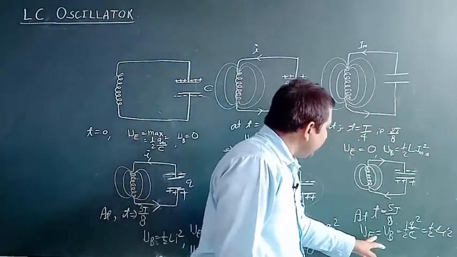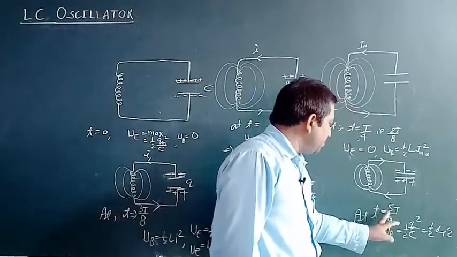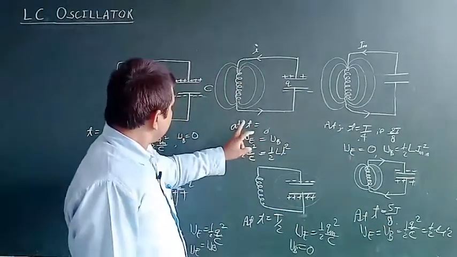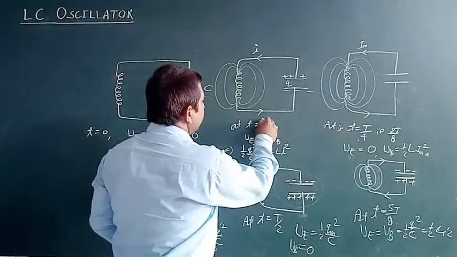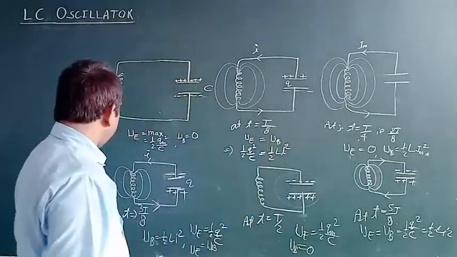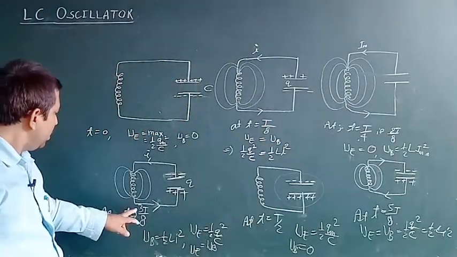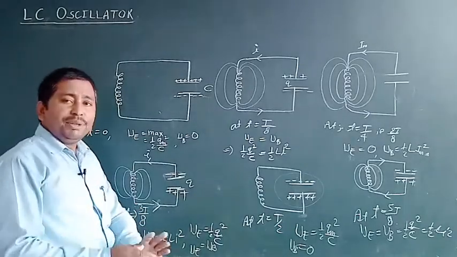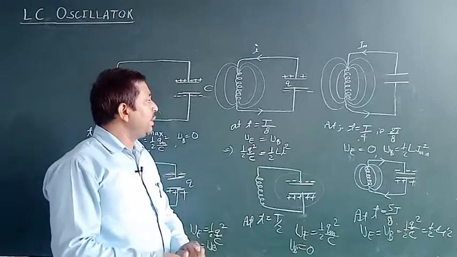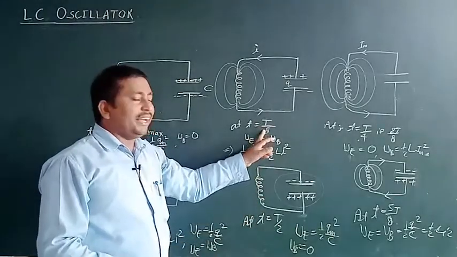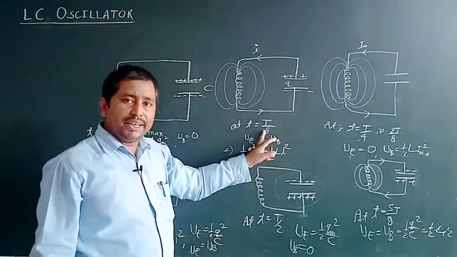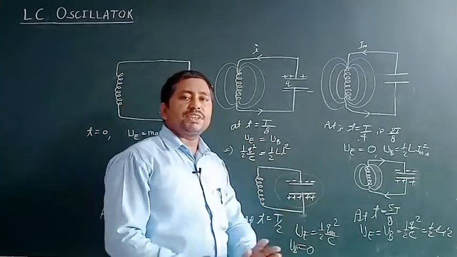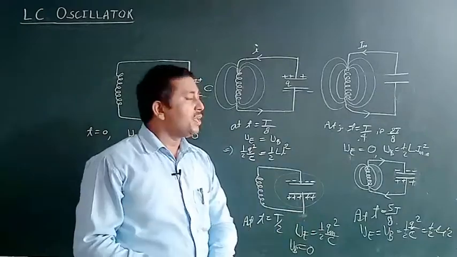Now this will be exactly equal at 5T by 8, also at T by 8, and also at 3T by 8. But if the time is different from the multiples of T by 8, then the energy stored across the inductor and capacitor will not be exactly equal.